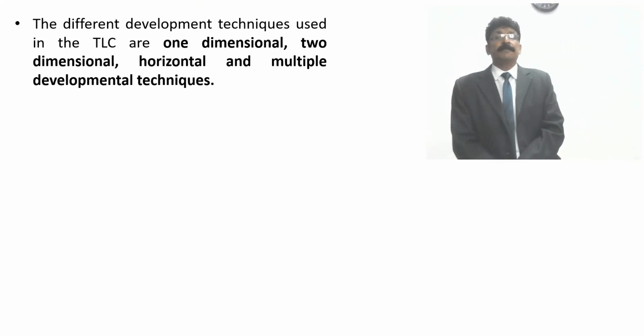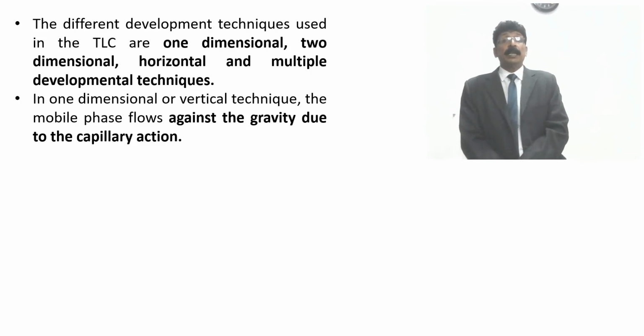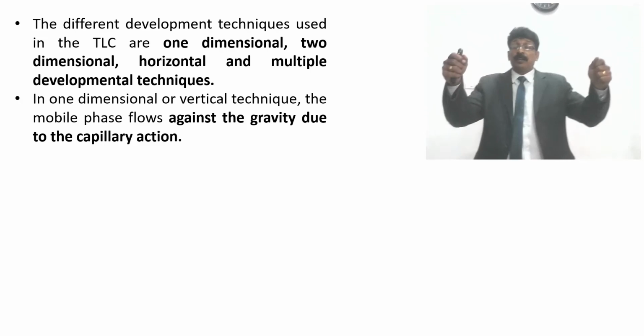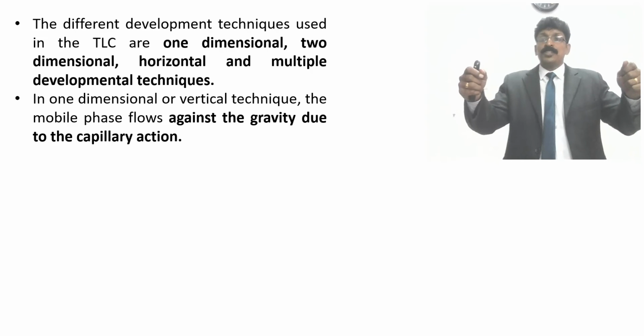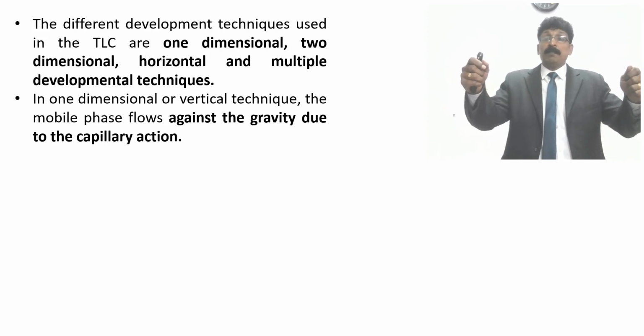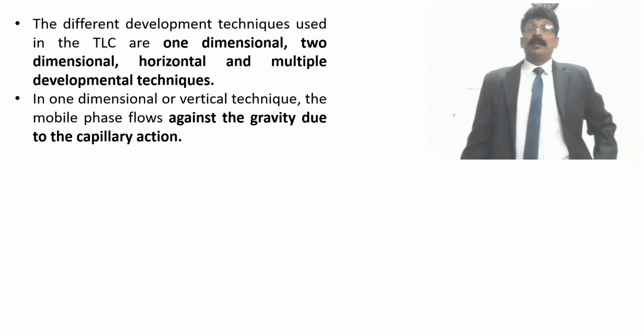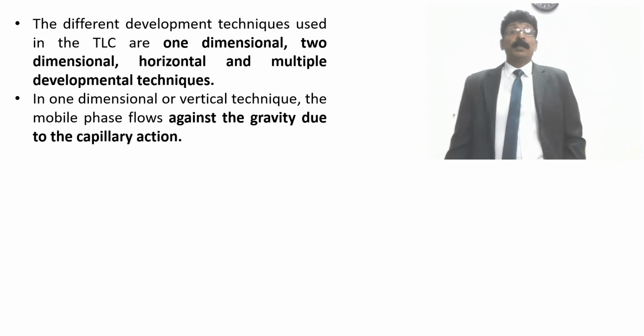The different development techniques used in TLC are one-dimensional, two-dimensional, horizontal, and multiple development techniques. In one-dimensional, the plate is developed along one axis, the x-axis, and the same plate can then be turned 90 degrees for two-dimensional development to get more separation.